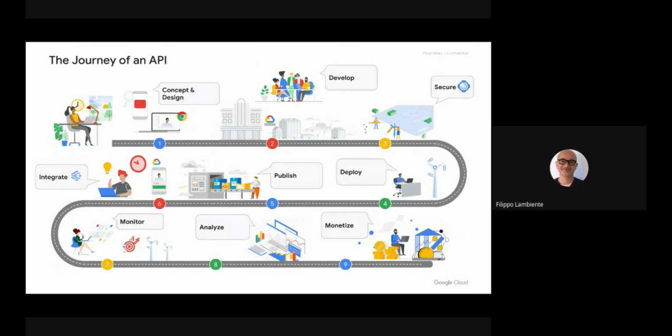It is a journey that starts from a particular aspect, and goes through different steps that more or less are the same that every customer is adopting. The journey of an API will start from the concept, from the design, and our approach is really the outside-in approach.